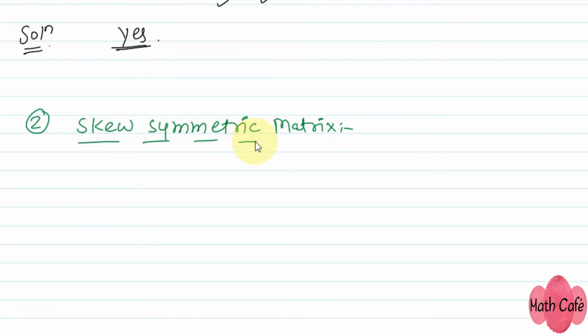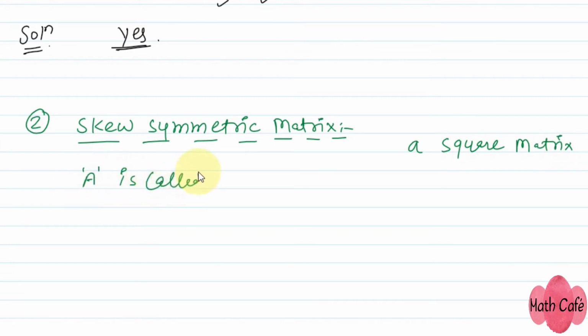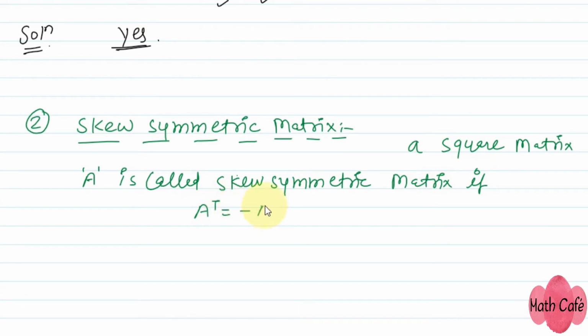A square matrix A is called a skew symmetric matrix if A transpose is equal to minus of A, or A is equal to minus of A transpose.